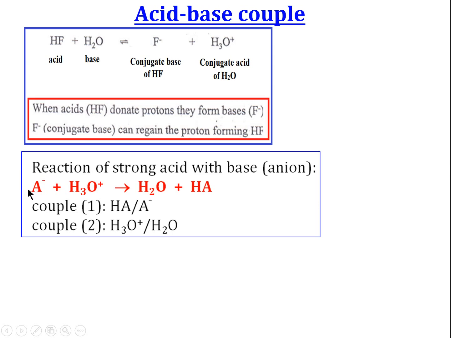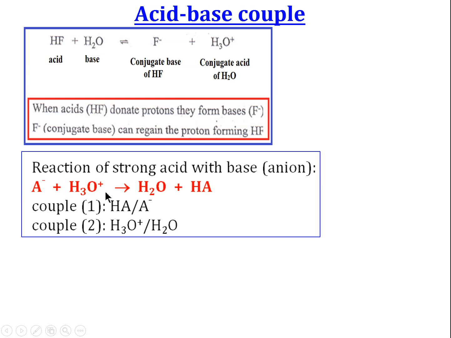The base anion is A-, and the strong acid is H3O+. So H3O+ will release H+ to A-. A- is a base, an acceptor. A- accepts H+, and A- and H+ become HA.